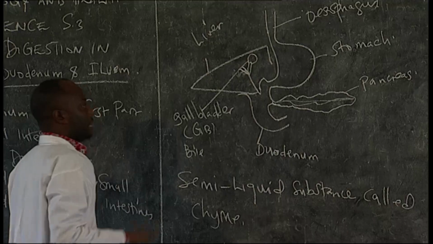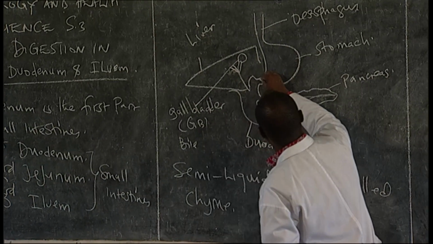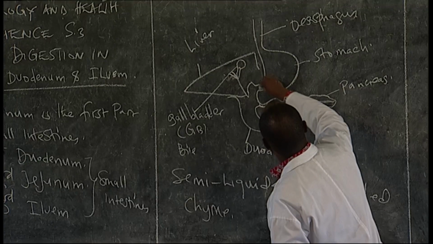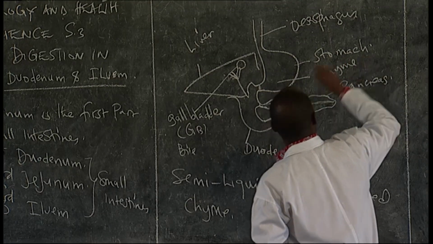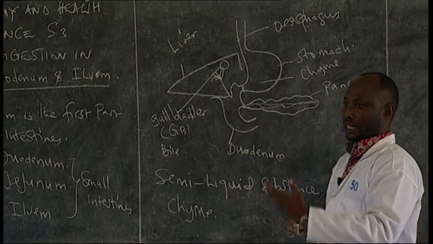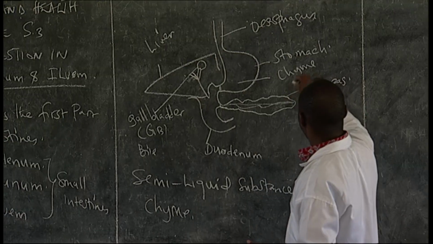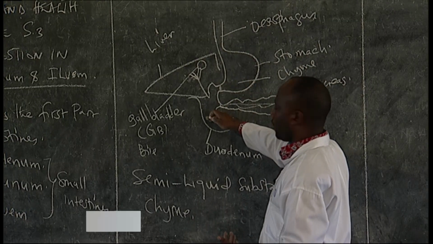After food is broken down, it is raised into the duodenum. What is found in the stomach is called chyme. The chyme is a liquid substance, greenish in color, and this liquefied substance is raised into the duodenum to be broken down further.